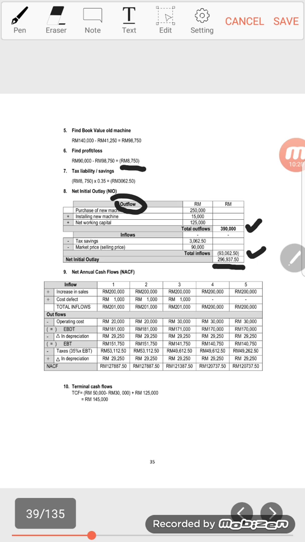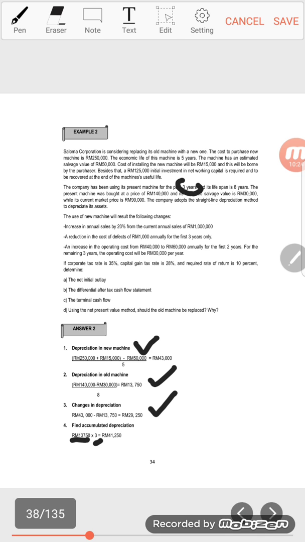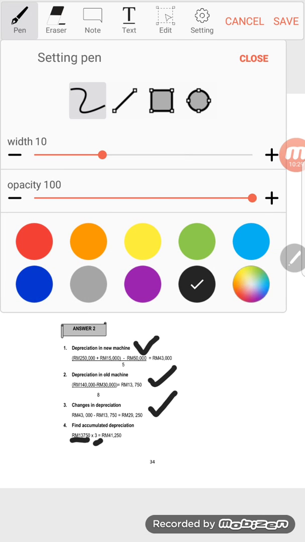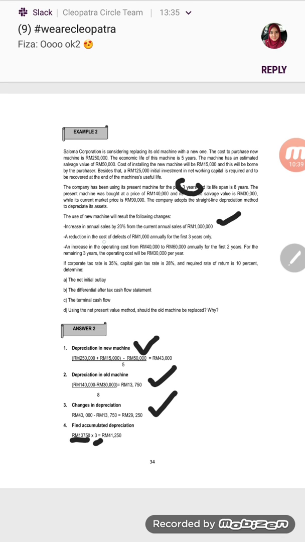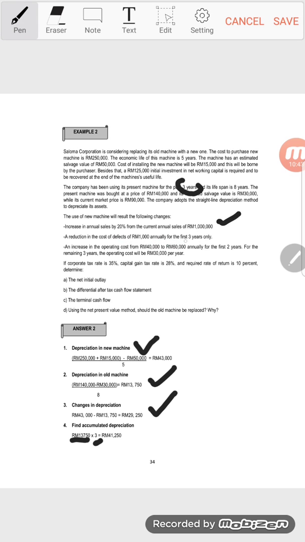However, let's move to the next information. A reduction in the cost of defects of 1,000 ringgit annually for the first 3 years only. Meaning that from year 1 until year 3, the cost of defect reduction will be 1,000.